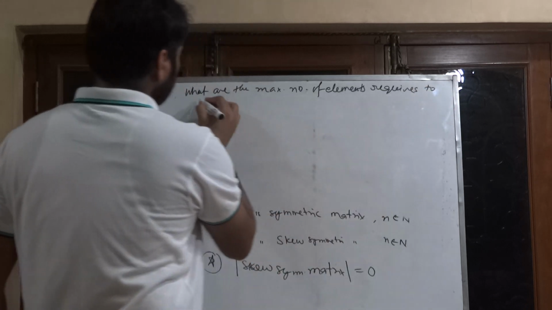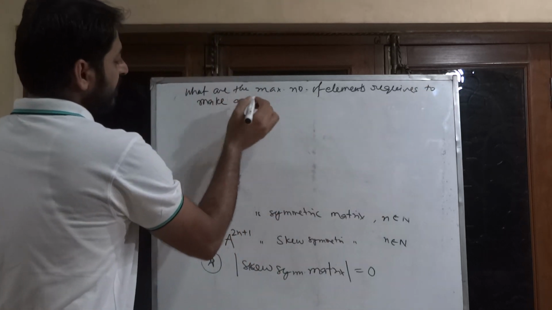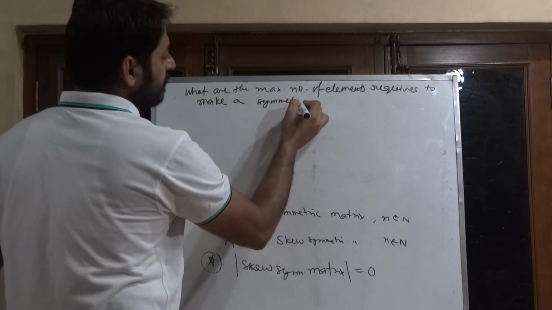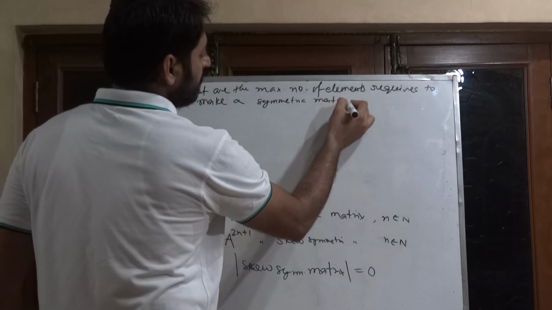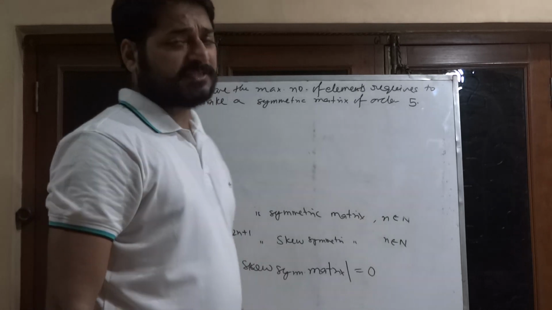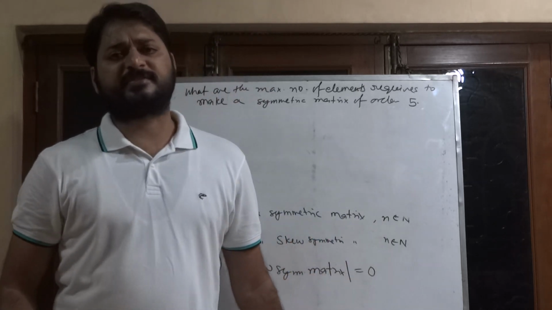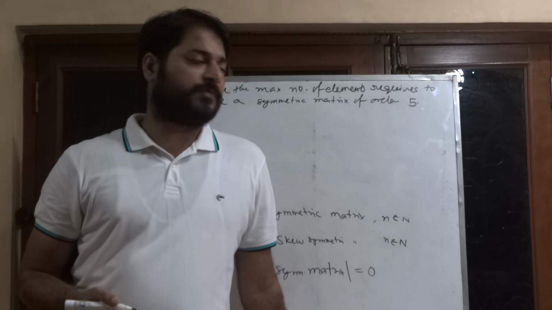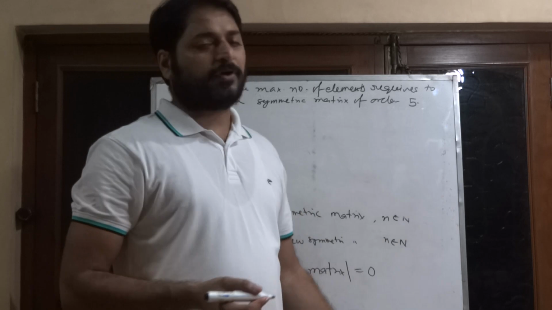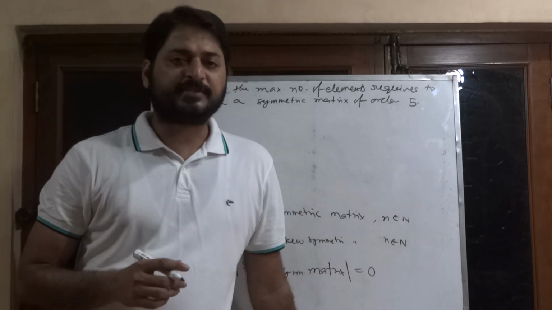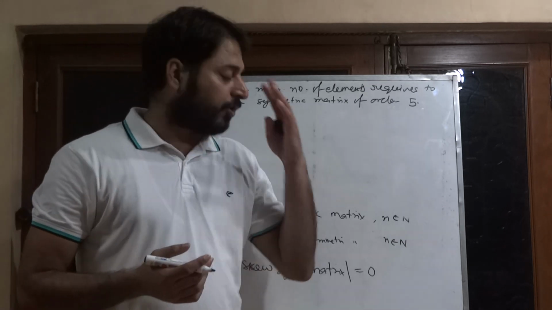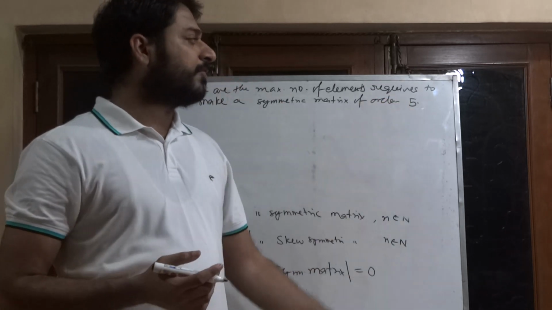As we know, symmetric or skew symmetric matrices are always square matrices, so their order is the order of a square matrix. So if the order is 5, this means the maximum number of elements is 25. So how many different elements are required?